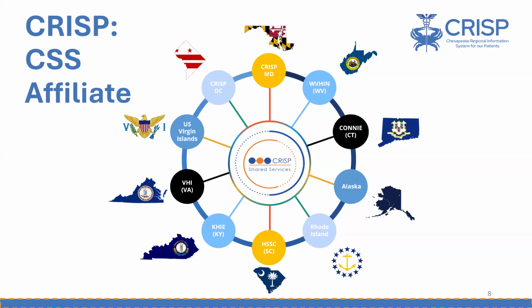I believe this list is not fully updated now. I think Florida has also been added, and they're always continuing to expand to other regions, which helps us to expand offerings, increase efficiency, and understand what the other states are doing in terms of infrastructure.